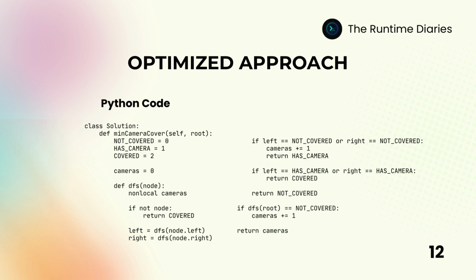Recursively process left and right children. If either child is not_covered, increment cameras and return has_camera. If either child has_camera, return covered. Otherwise, return not_covered. After the DFS completes, if the root is not_covered, increment cameras. Finally, return cameras. This solution uses pure greedy DFS with O of n time and O of h space.